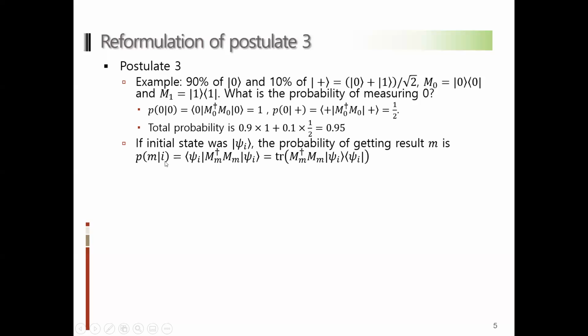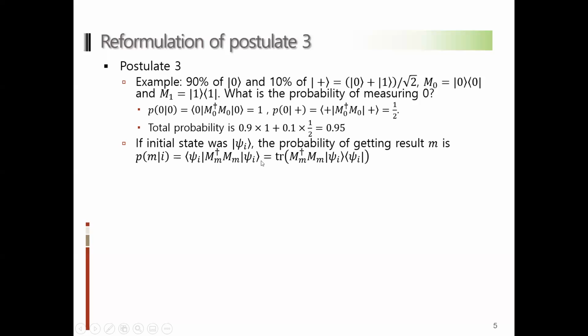Because we already assumed that the initial state was only one of the pure states, which I describe here as psi_i, this is a conditional probability: we have the initial state psi_i, and we are trying to calculate the probability to measure the value m.